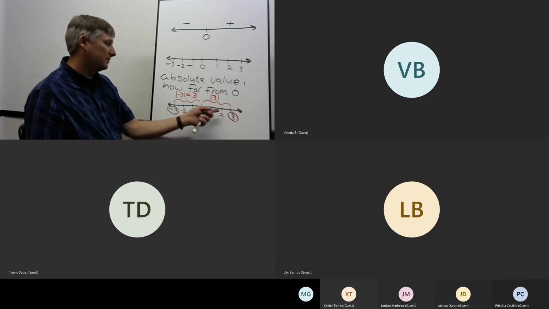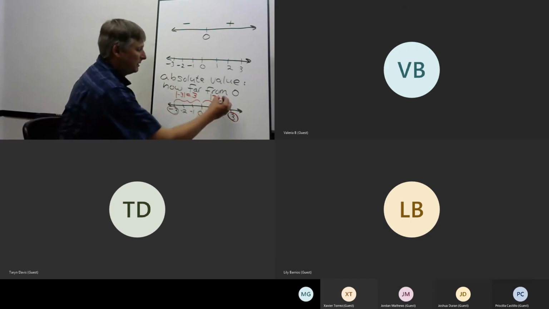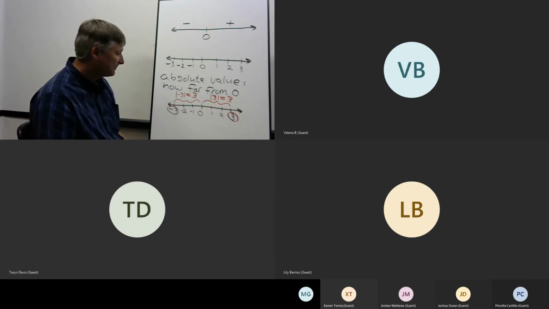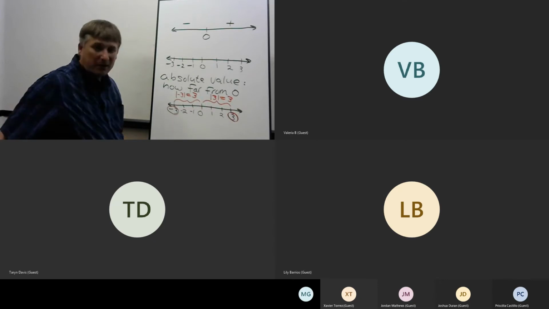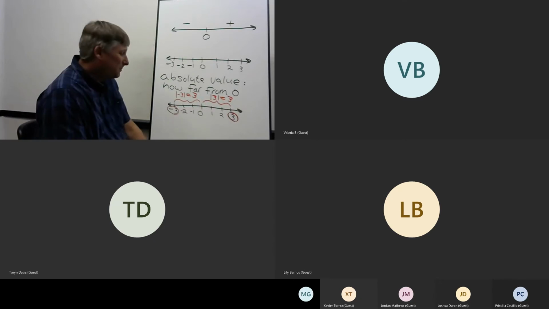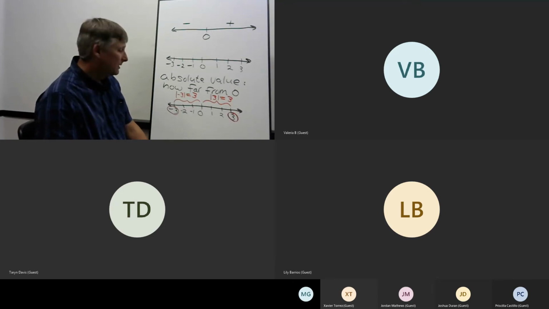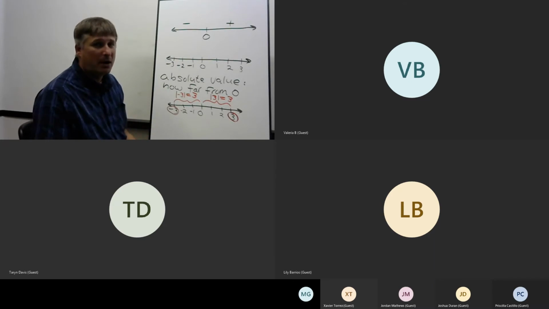And then since 3 is 3 units from 0, its absolute value is also 3. So what's going on here? What do absolute values do? They give you distances. In distances, they're always positive. So basically what it does, if something's not already positive, it makes it positive.